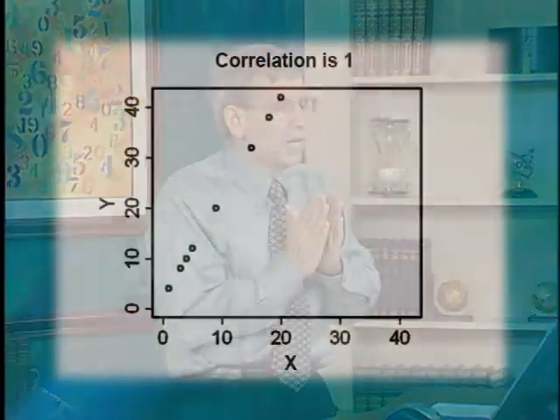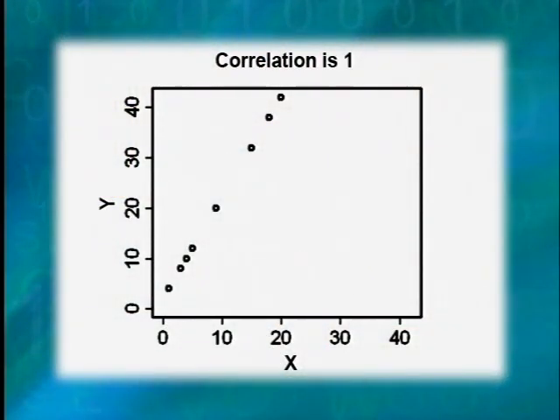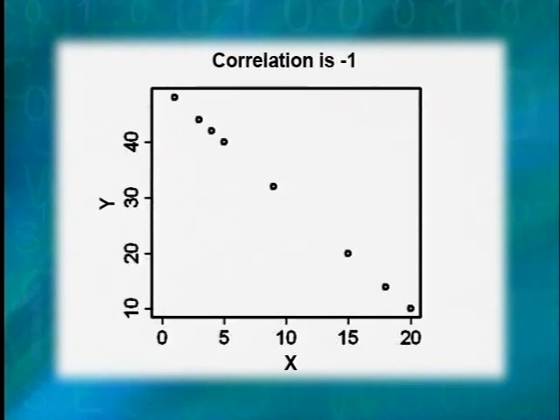And if there's an exact correlation between the two things, either positive or negative, then the correlation will be +1 or -1. It's +1 if the data lie on an exact straight line. The correlation is -1 if the data lie exactly on a straight line that's descending. So those are the two extreme cases.